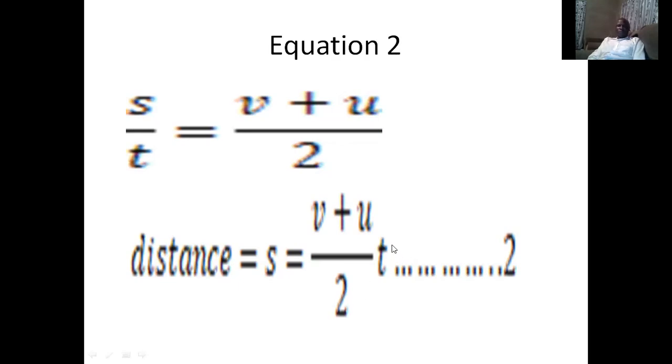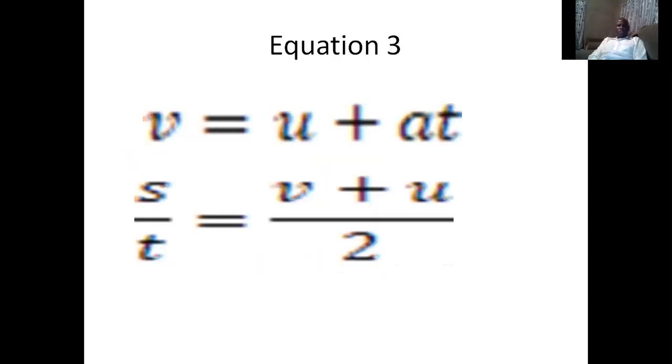This is what we have called equation number 2. When we are asked to find the distance, and we know the final velocity and initial velocity, as well as the time, we can calculate the displacement.